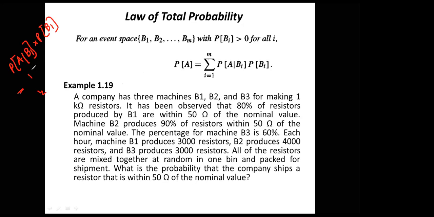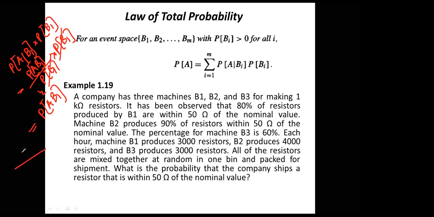We know that this is P of AB divided by P of B into P of B, or B1, whatever it is. So we are cancelling each other. Actually, what is happening? P of A and B1. So actually, it is the multiplication of those two events, isn't it?